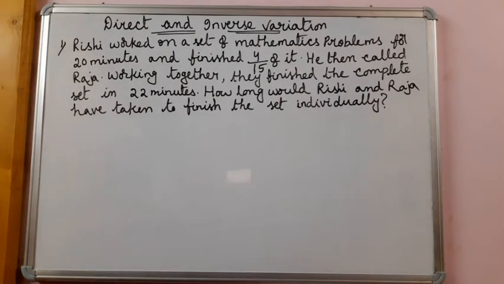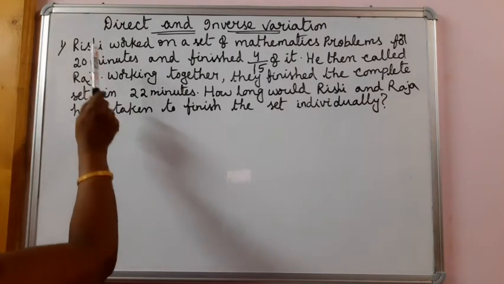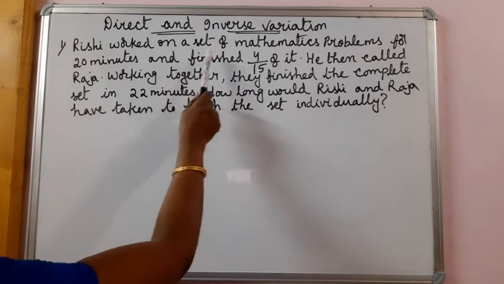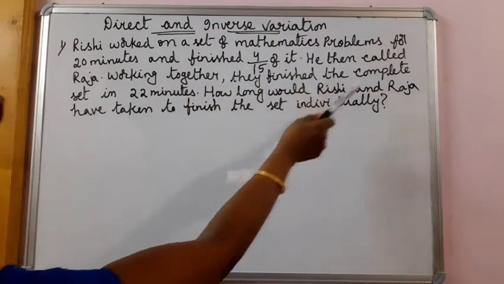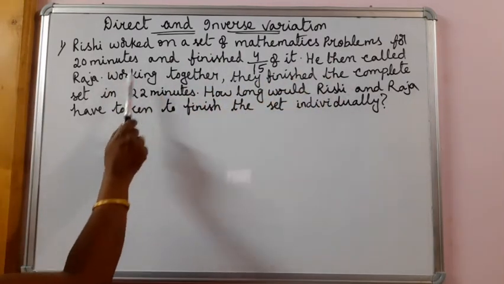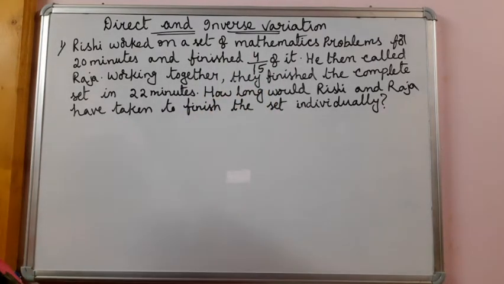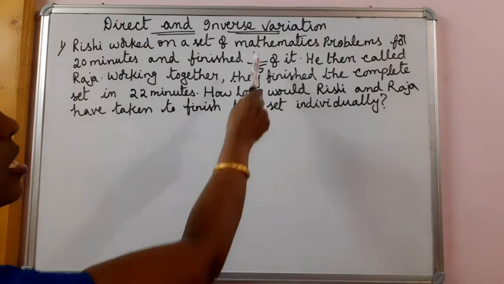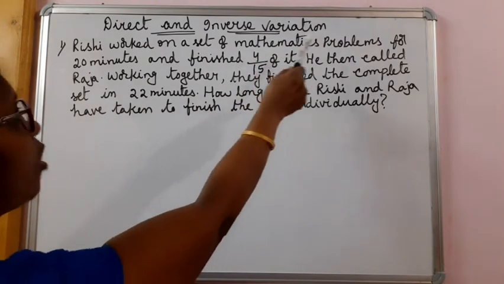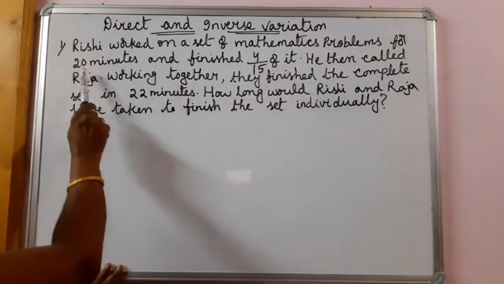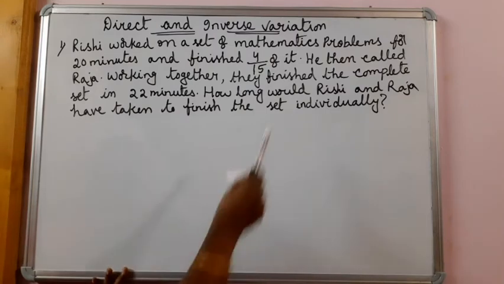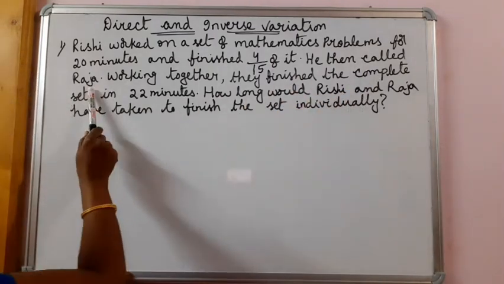The problem is this. Rishi worked on a set of mathematics problems for 20 minutes and finished 4 by 15 of it. That means Rishi worked 4 by 15 of the set of mathematics problems in 20 minutes. He then called Raza.